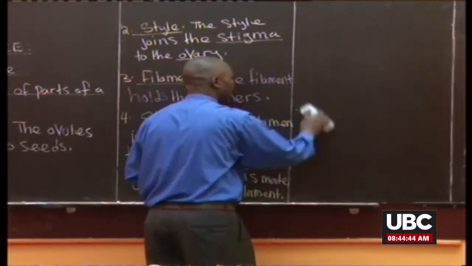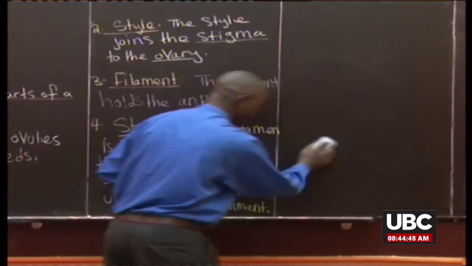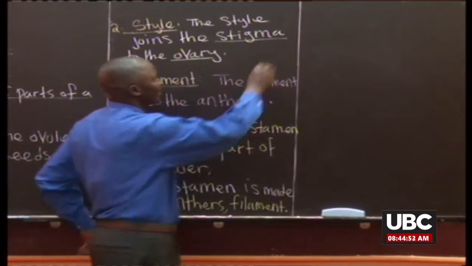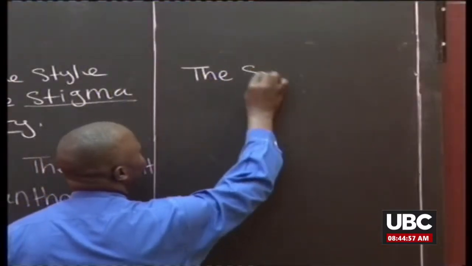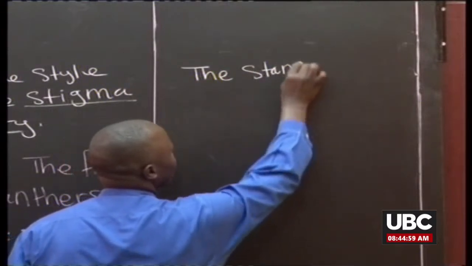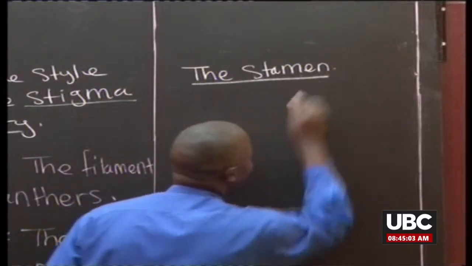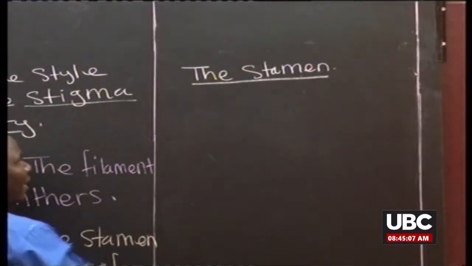And if I told you to draw for me, can you draw for me the stamen? And the answer is yes. Let's look at this. How does the stamen look like? In your examination, they will write this for you, and they'd expect you to have an answer.